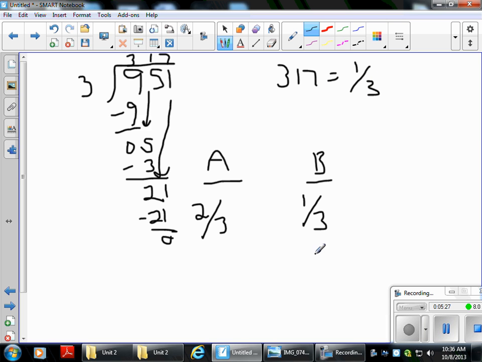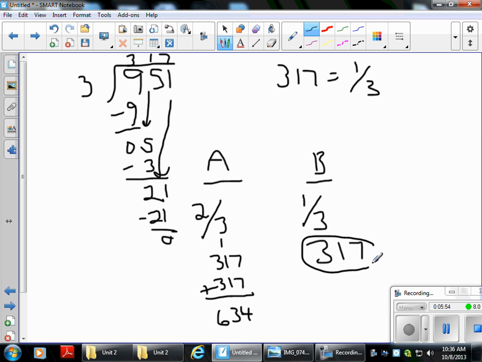So shelter B received $317, and shelter A had 317 plus 317, this is 2/3, which equals $634.